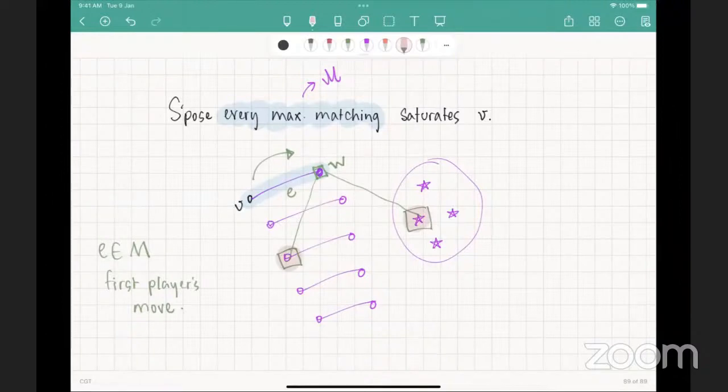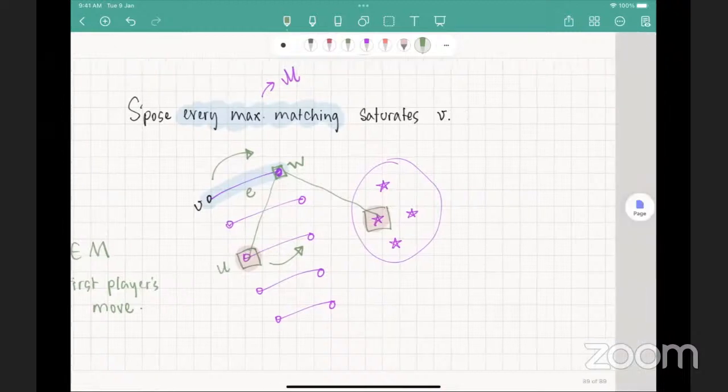So if, for example, the second player comes from W to, let's call this vertex U. Then the first player's response would essentially be to move to the other endpoint here, and they would manage to keep the game going by moving along the other edge of the matching, right?